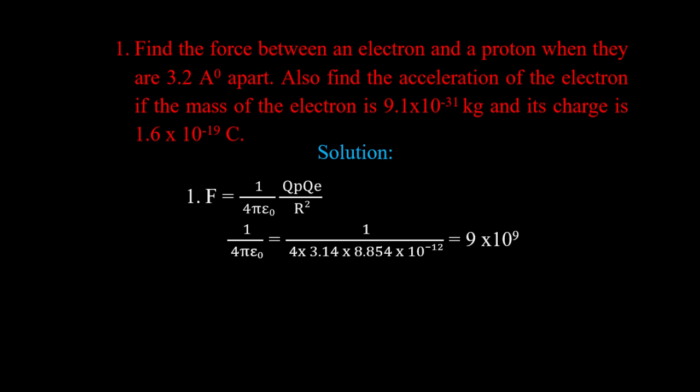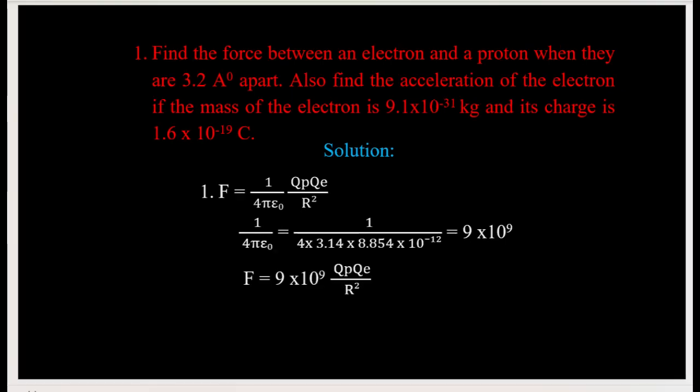This is a very useful result because you cannot easily remember the value of epsilon naught since it is in decimals, and it would be very difficult to use in problems. So 1 by 4 pi epsilon naught is 9 into 10 power 9. Then force is given by 9 into 10 power 9 qp qe by r square.